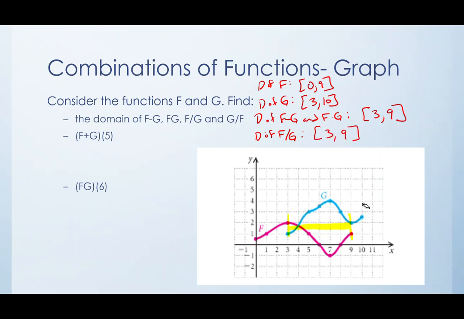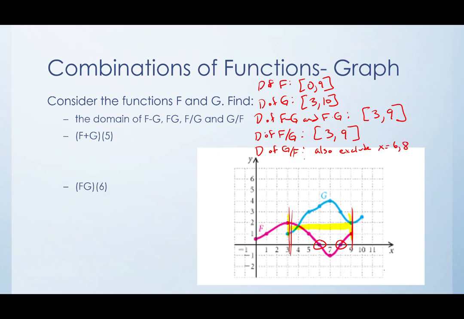Now, when we flip that and look at the domain of g over f, however, in this interval from 3 to 9, there are a couple places where f is equal to 0, right? And that would cause a divide by 0 error at that point. So we also have to exclude x equals 6 and x equals 8.